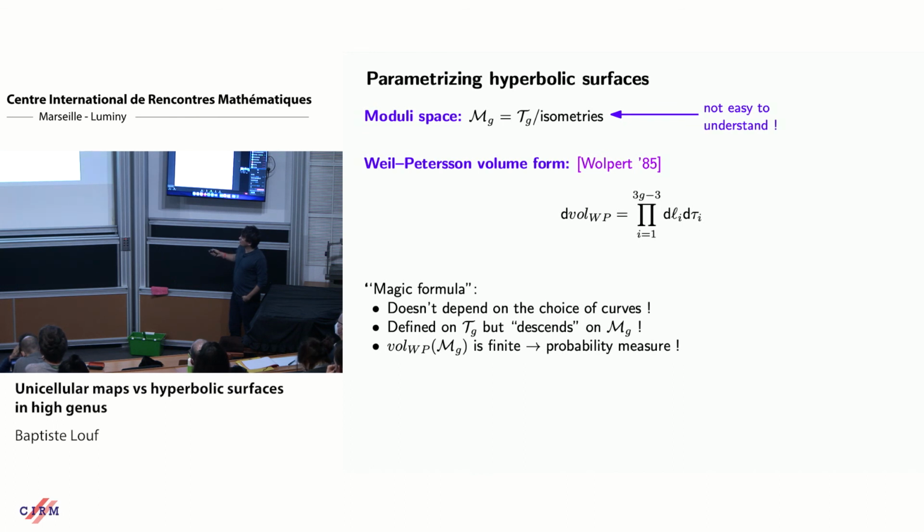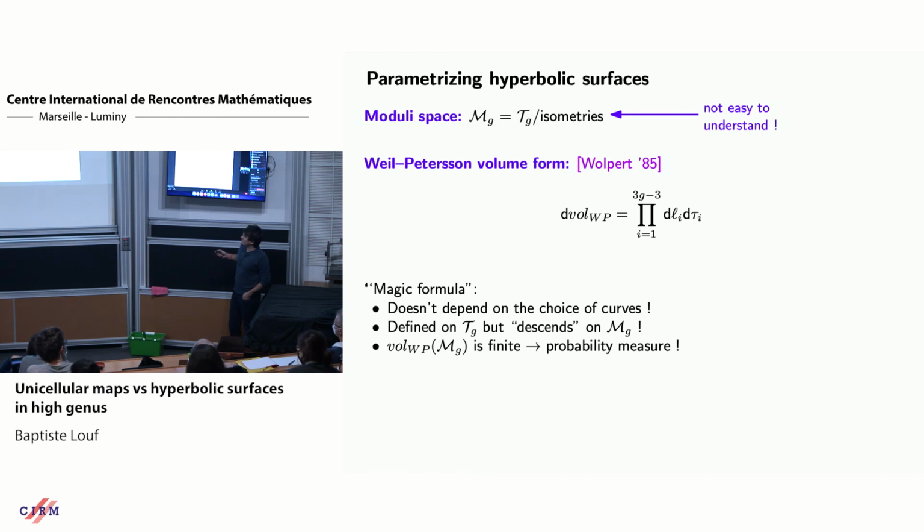Now I want to put a volume form on this moduli space, and this is a result of Wolpert. There is this so-called Weil-Petersson volume form, which is expressed very easily in terms of the Fenchel-Nielsen coordinates. It's just the product of the dL_i and d tau_i. And this is a volume form on M_g.